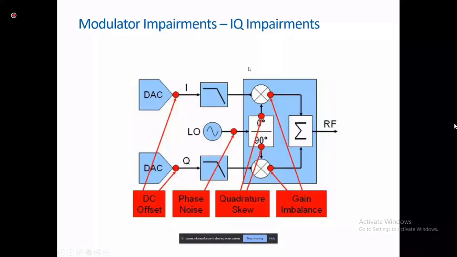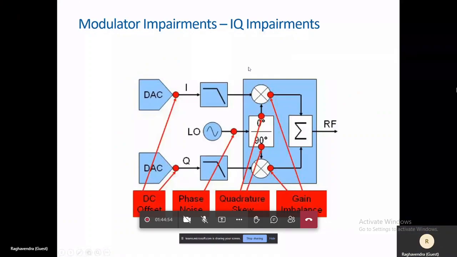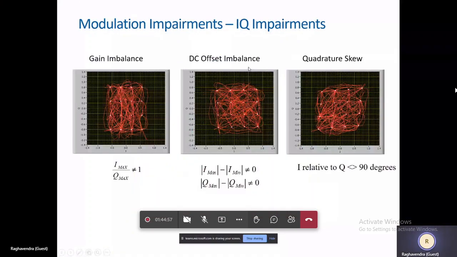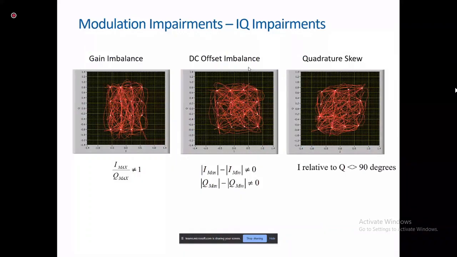Right. So as I was saying, gain imbalance. These are how the constellations look when you are talking about how a gain imbalance, DC offset imbalance or quadrature skew looks. Gain imbalance is that your I and your Q have different amounts of gain. So you can see that it looks as though someone has pulled it from the top and the bottom.